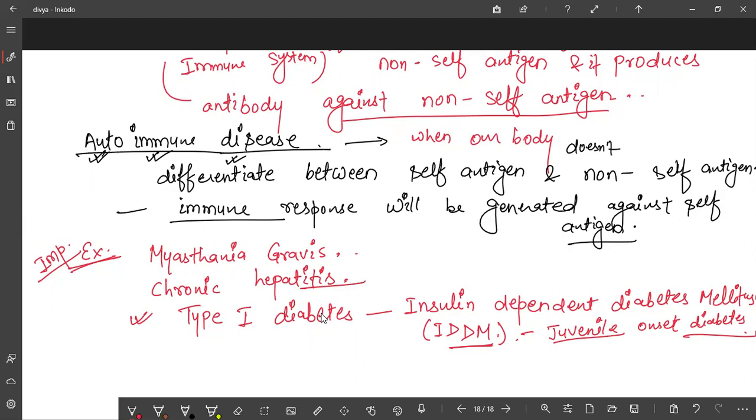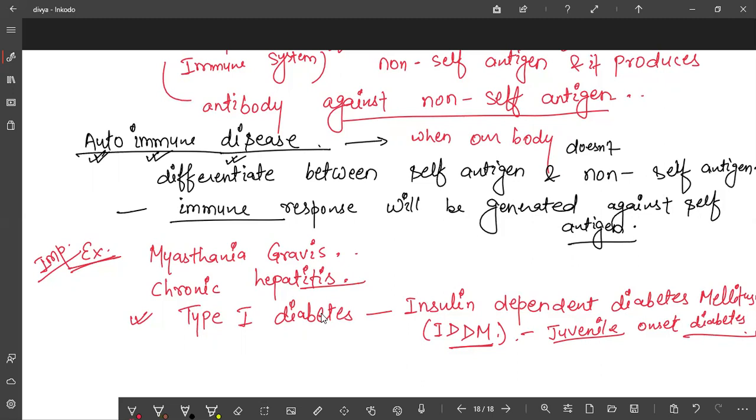And the other is non-insulin dependent diabetes mellitus. Sometimes we call it genetic also. It may be due to genetic factors. In that case, the pancreas is producing insulin, but the insulin receptor is not working.